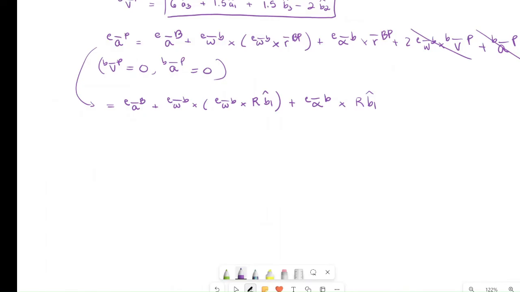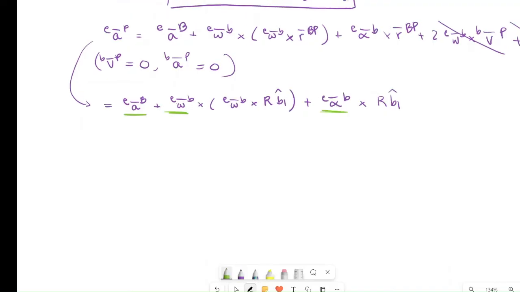So now we just need to figure out what these terms are, which we definitely have some of them. So let's see.